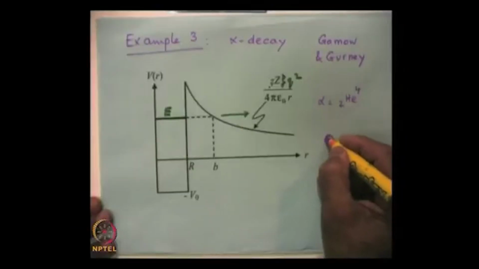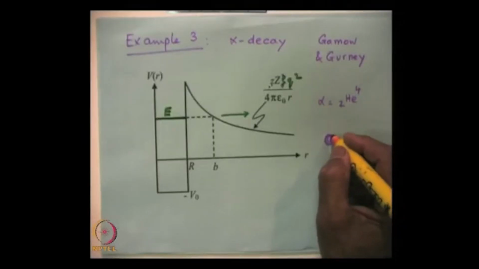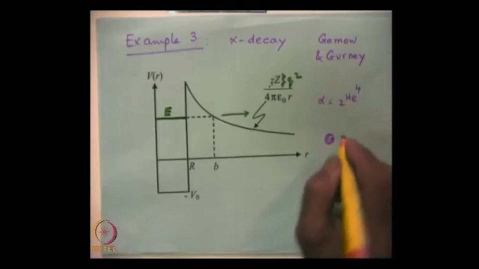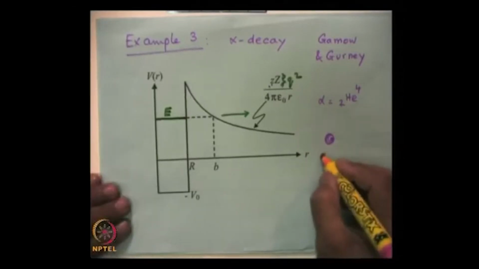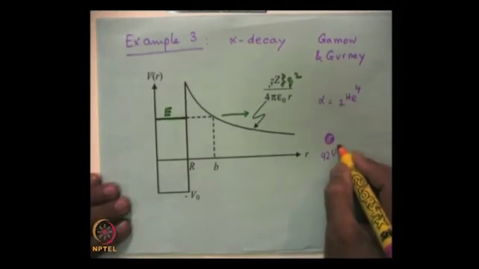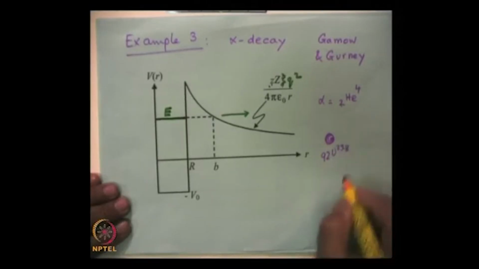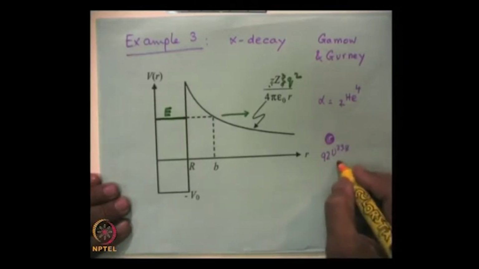So, I have a nucleus. Let us suppose I consider the nucleus, let me give you an example, like uranium 238, with 92 protons. Now, this is a radioactive substance, as you all know.